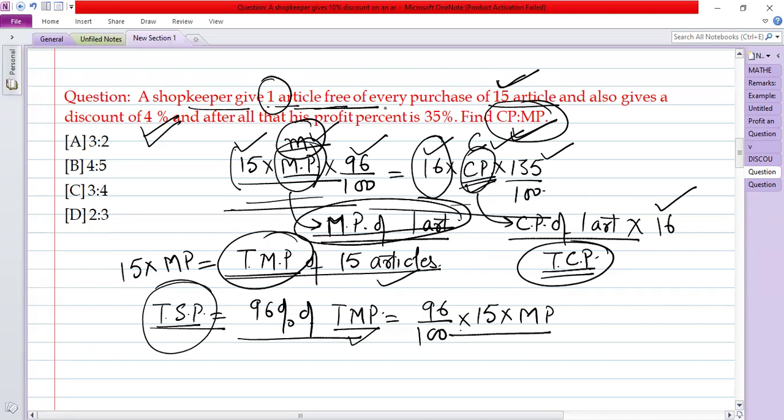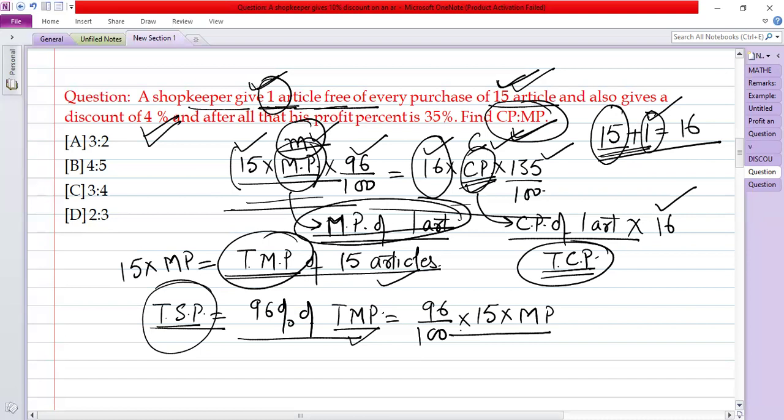So in order to give one article free for every 15 articles, at one point of time the shopkeeper must purchase a total of 16 articles.